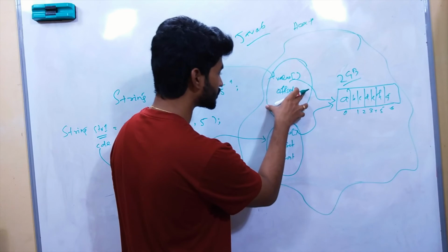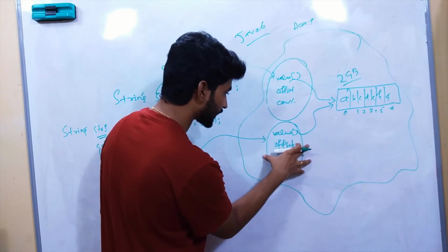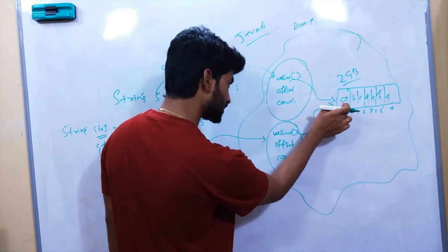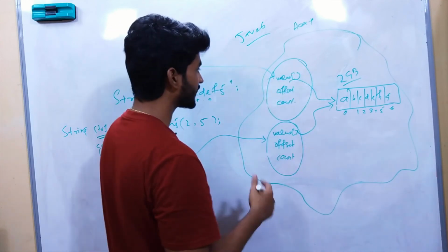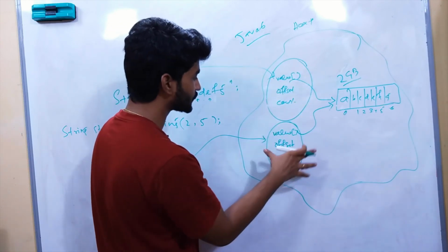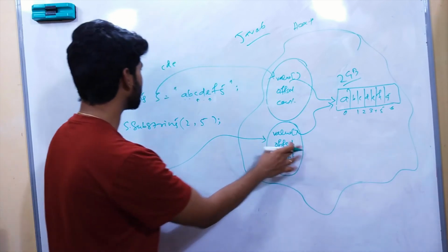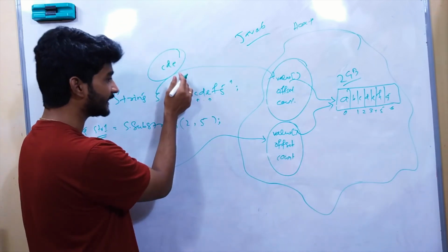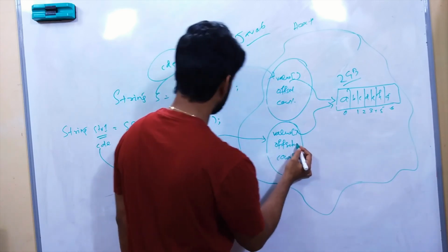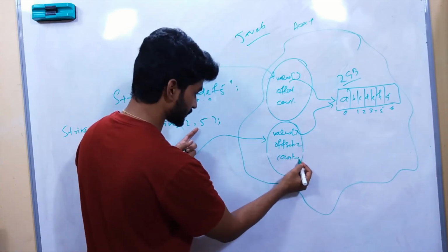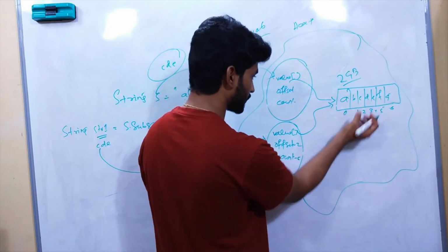I cannot do it, because this particular object is still referencing the array which belongs to the other object. So definitely this is a memory leak, because for this object I only wanted the result CDE, but here I am referencing this whole array, and using the offset and count I am calculating some part of this string.